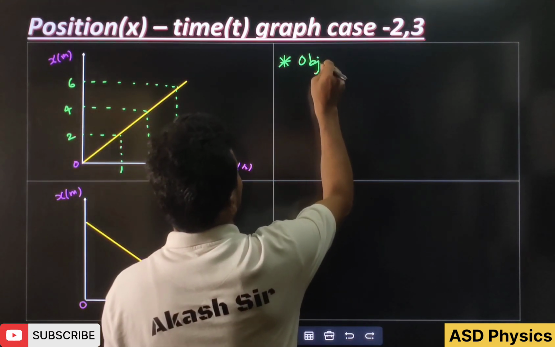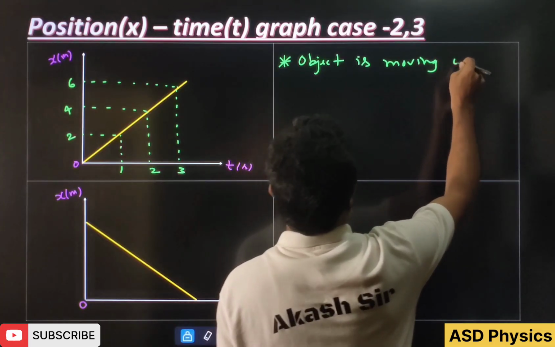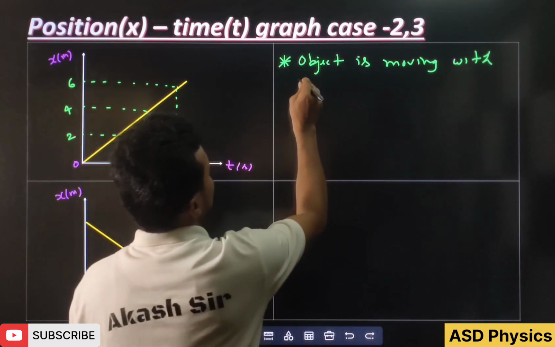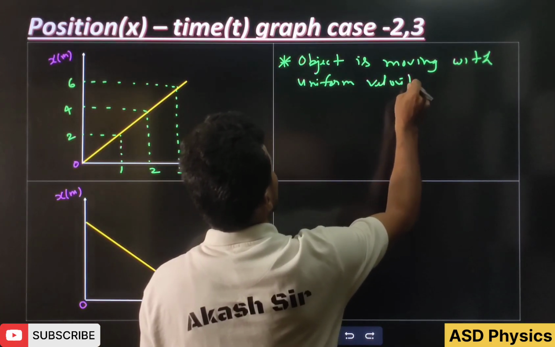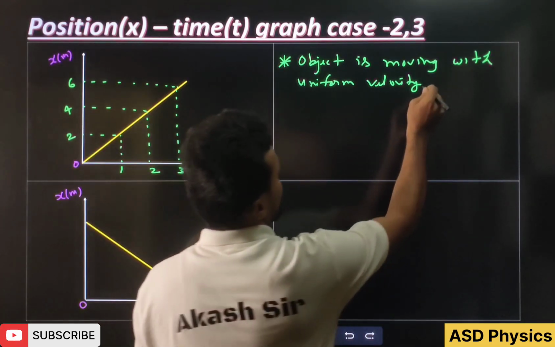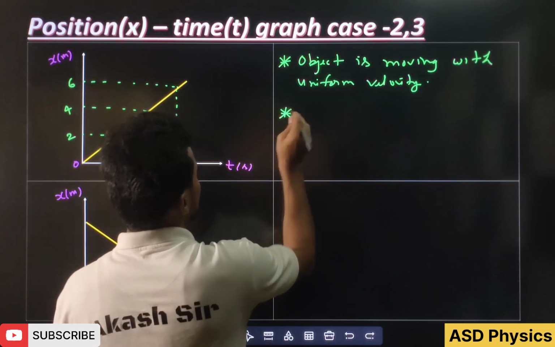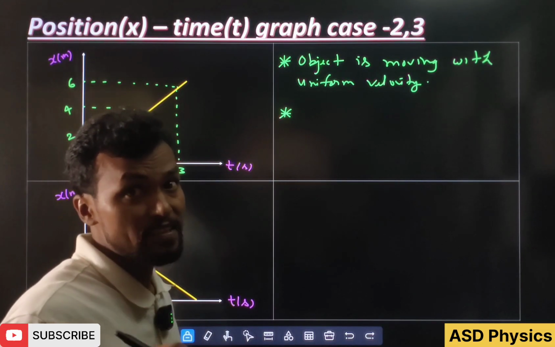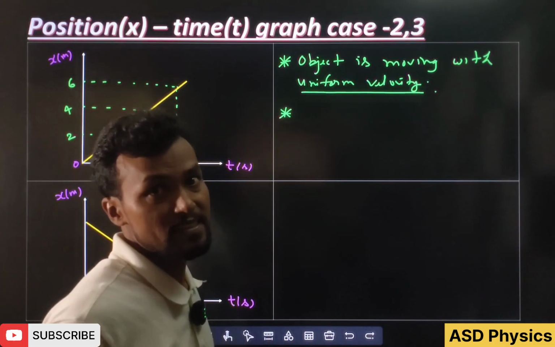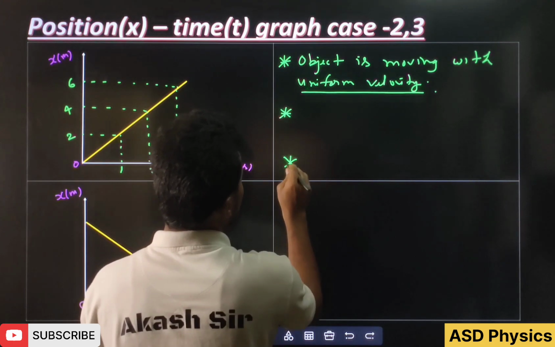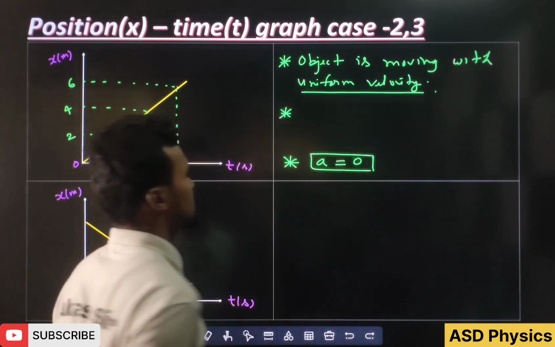Write down here: the object is moving with a uniform velocity. Now, with uniform velocity, how much is the acceleration? You know very well, when the velocity is uniform, the acceleration is 0.